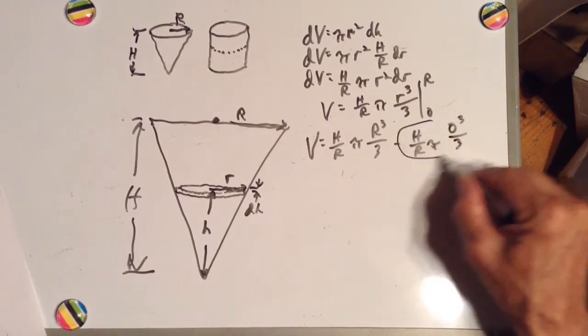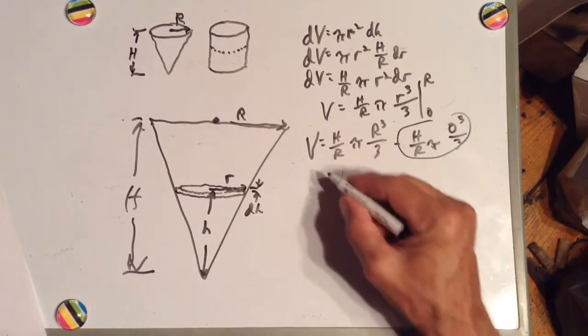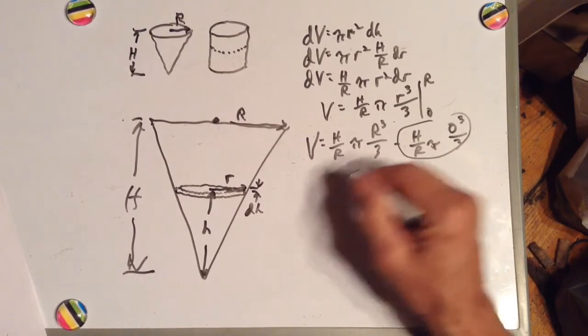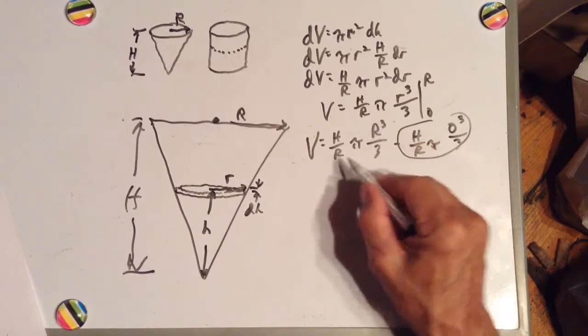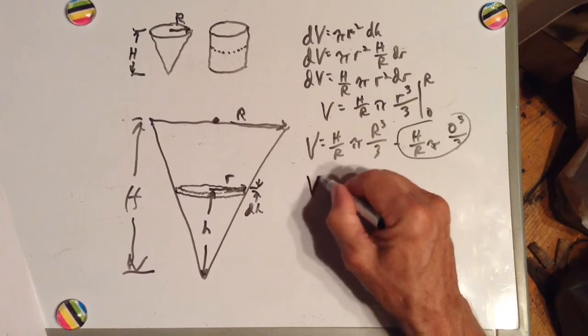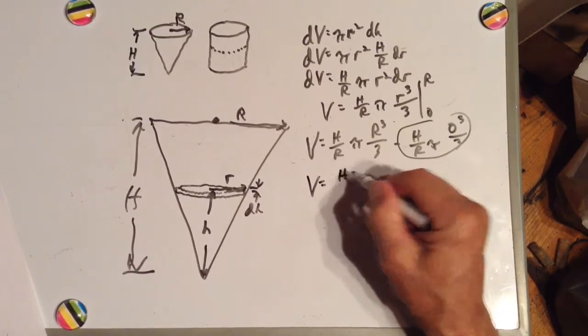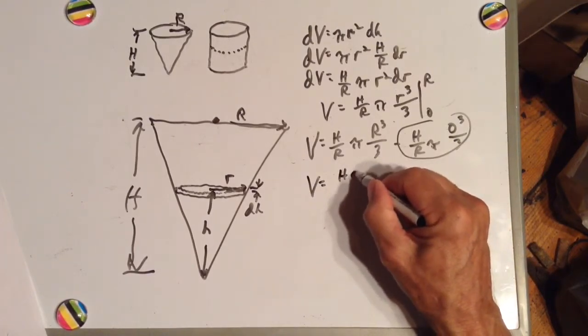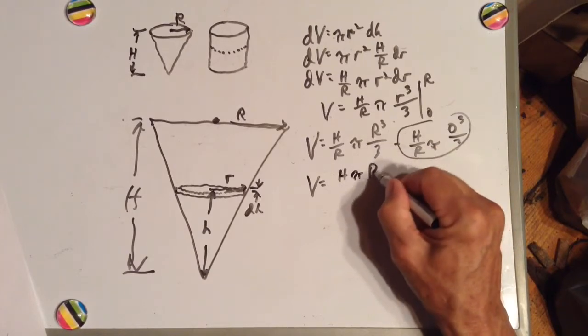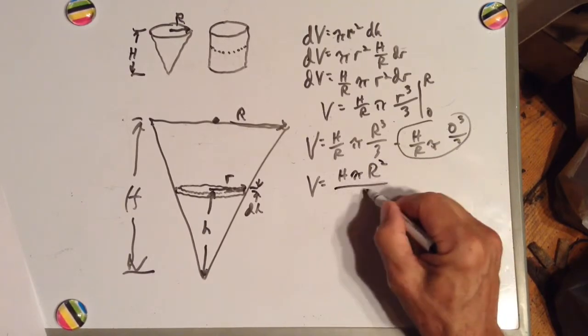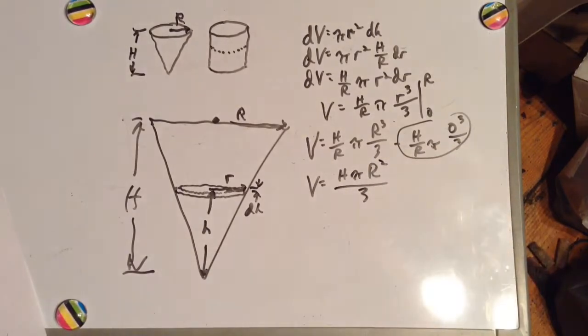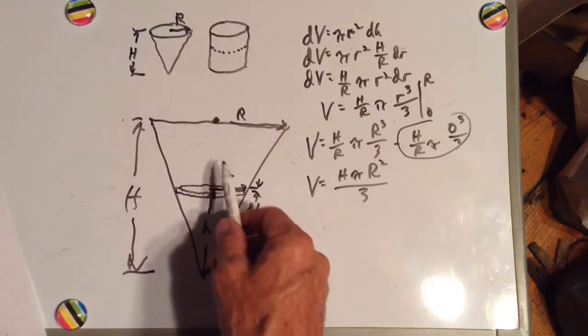Well, all this is 0, so we're left with this. So we have R cubed over R, so that gives us V equals capital H times pi times capital R squared over 3. And that's our formula for the volume of this cone.